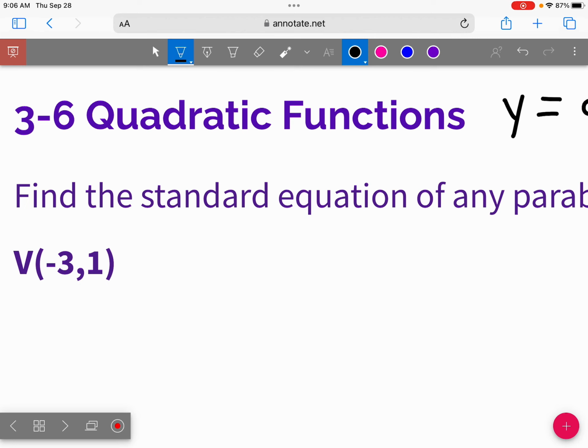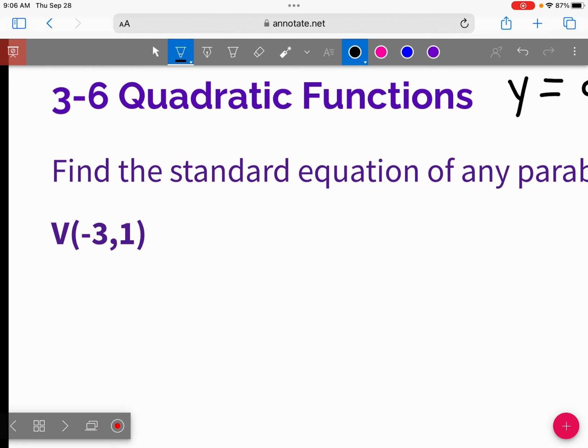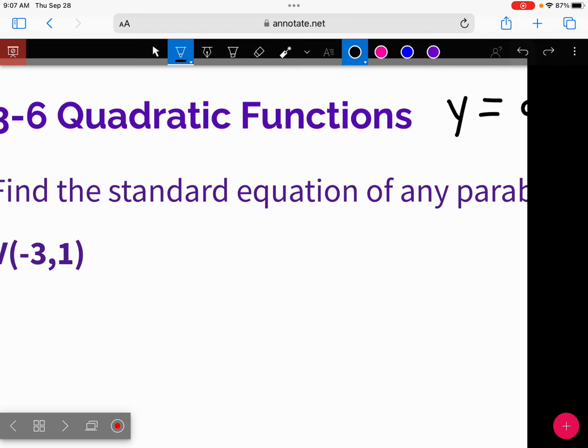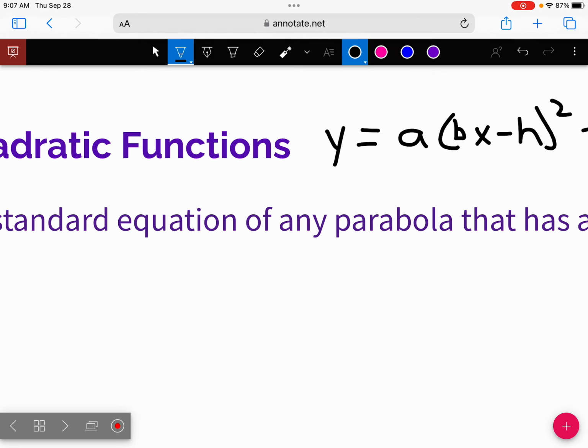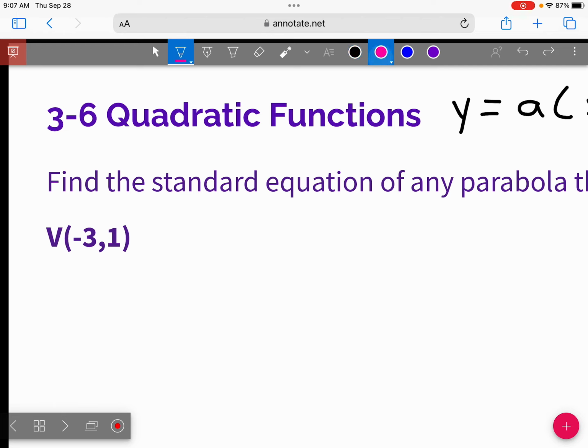There's no b in this one. I mean, you can put a b in there, but we don't have information about it. The b would go right there. So this is (h, k).